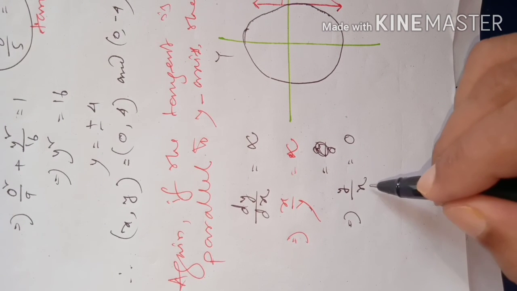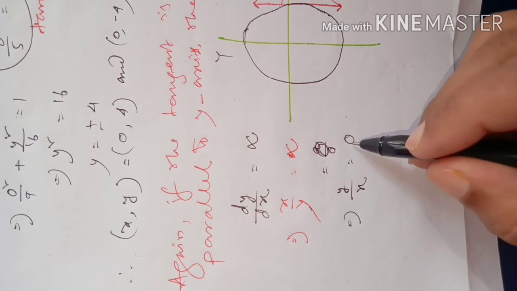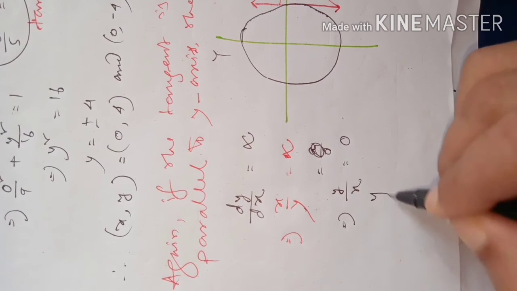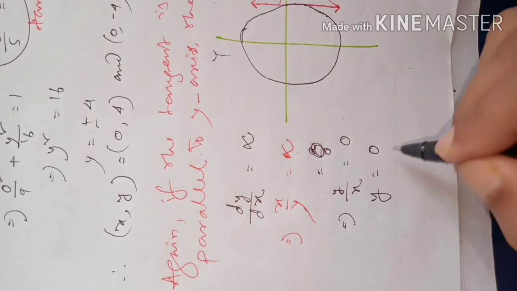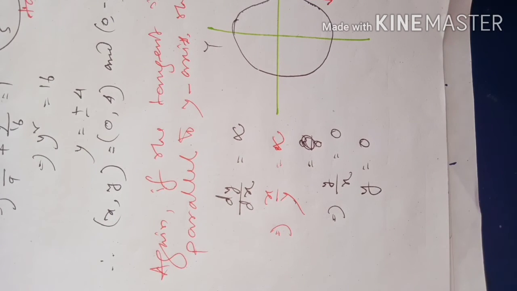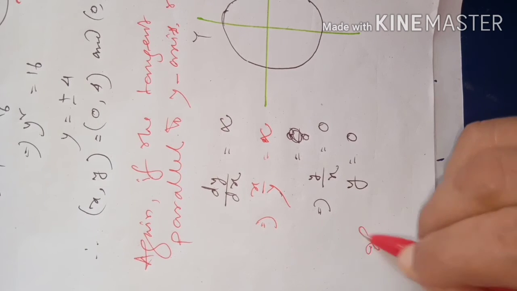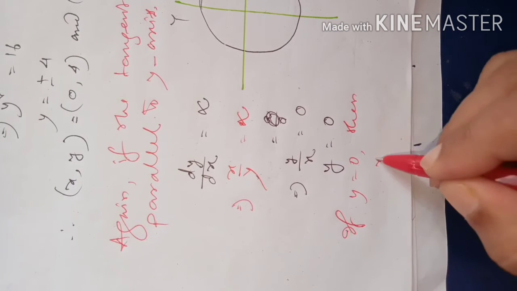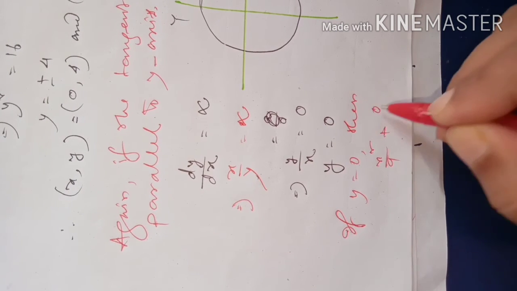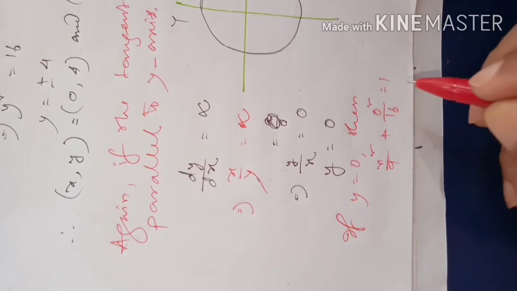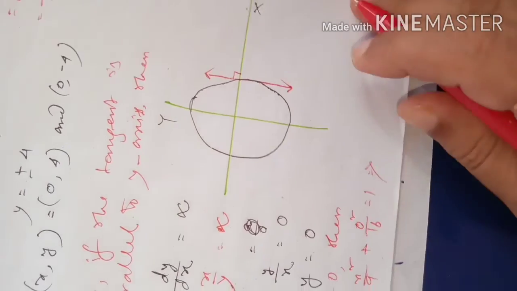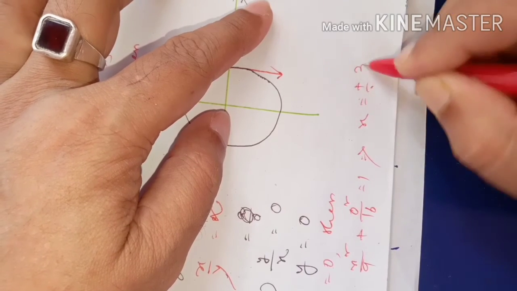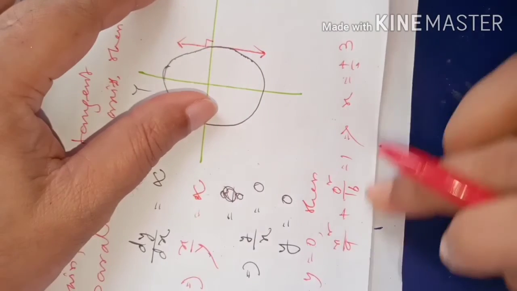So from here what you can say? Y cannot be 0, only x can be 0, no? Y can be 0, not x. So this gives us that y is equal to 0. If y is 0, then we will get x from here: x square by 9 plus 0 square by 16 is equal to 1 will give us that x is equal to plus minus 3, because simplifying this you will get plus minus 3.